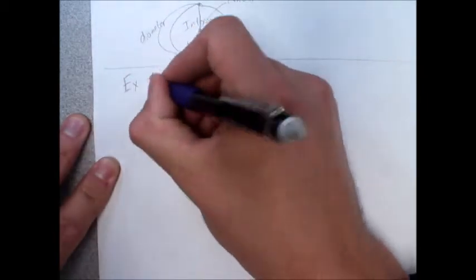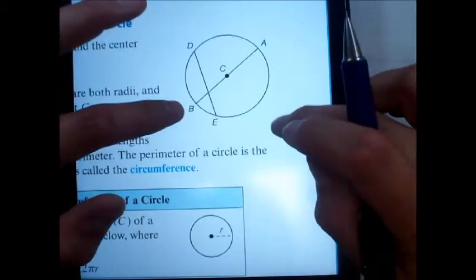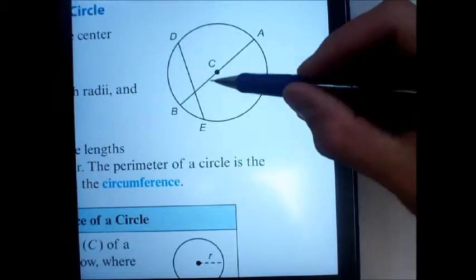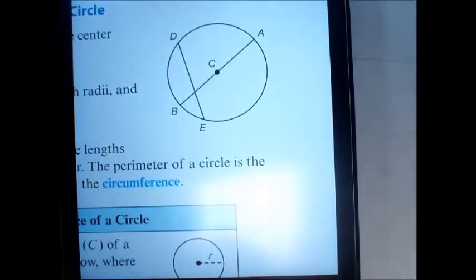Example 1. We're just naming parts of this circle. So I'm going to try to blow this up a little bit and I'll just point at them and you guys can write them in on your notes, okay? Knowing that this is a point on the exterior of the circle. It should be boldface. I don't know why they didn't do that. But if I say, what is segment CA? What are you going to tell me? It's a radius, right?